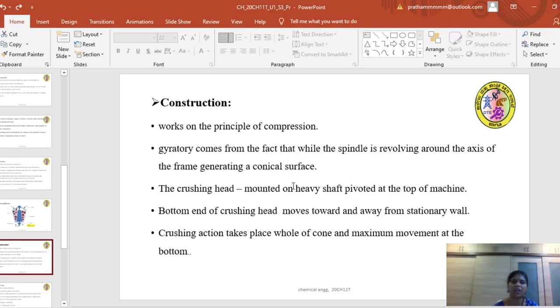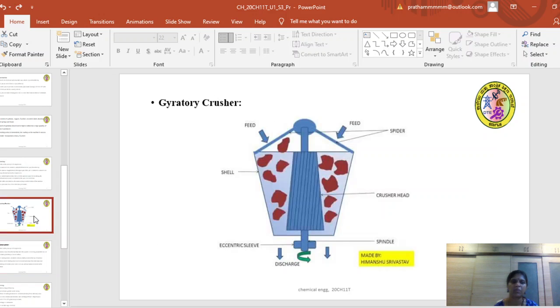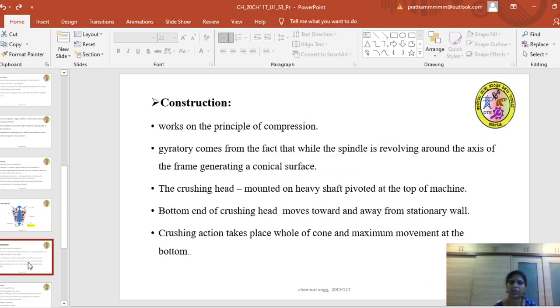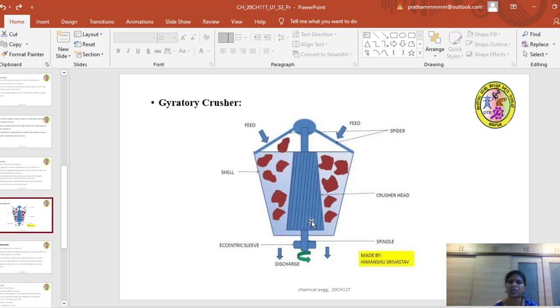The crushing head is mounted on a heavy shaft pivoted at the top of the machine. The bottom end of the crushing head moves to and fro towards the wall by gyratory motion.